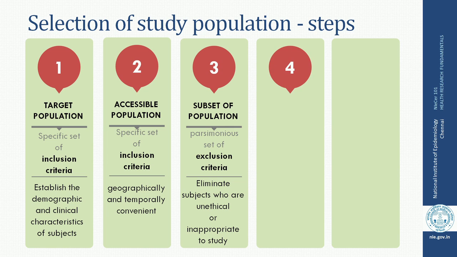And the fourth step is that we are doing a sampling procedure here. By defining a sampling technique and an estimated sample size which is large enough to control the random error, this will be done in the fourth step.